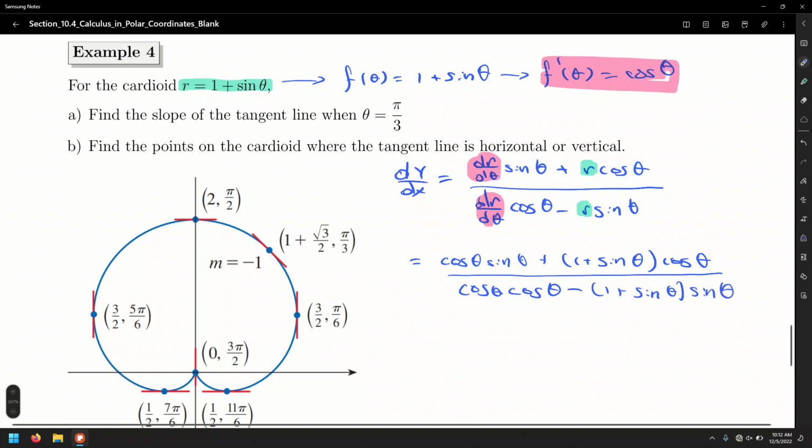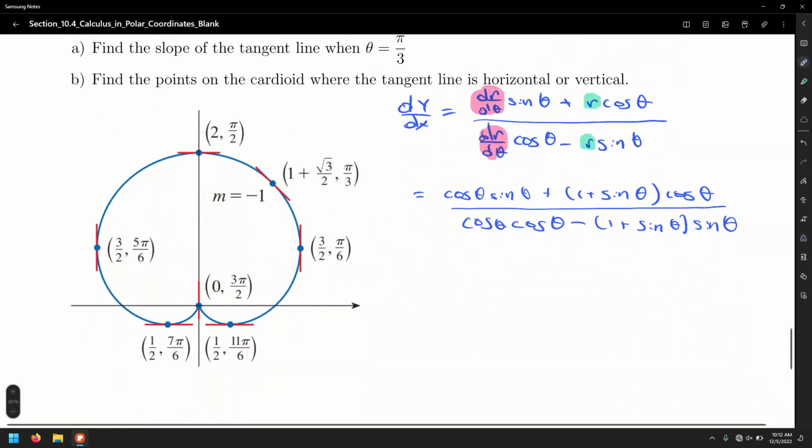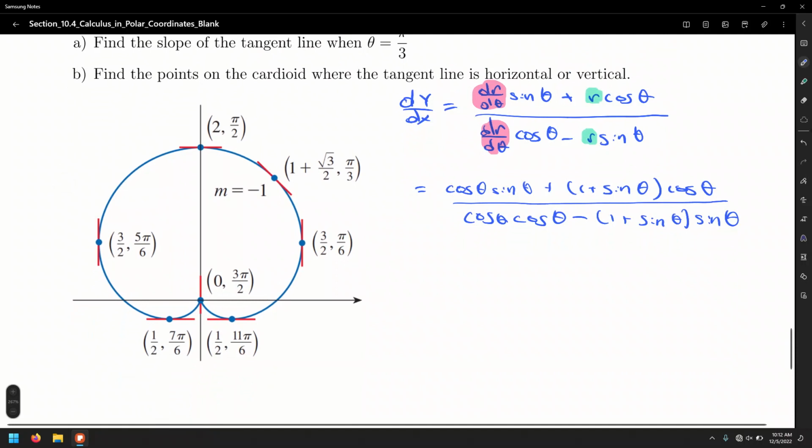All right? So let's simplify this. When it comes to finding slopes in polar form, these ones take a while, so we're going to be working for a good minute on one single problem.